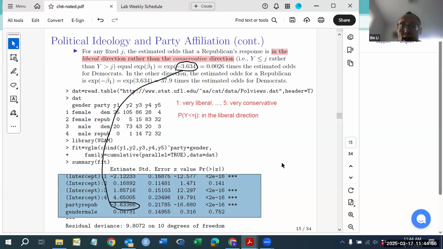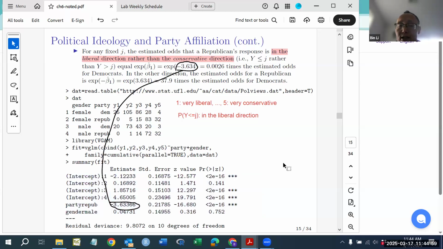Okay, so that's the model output. And from the model output, you can see for any fixed j, the estimated odds for this coefficient, let's say it's the party affiliation for the Republicans, is negative 3.6. So what does that mean?